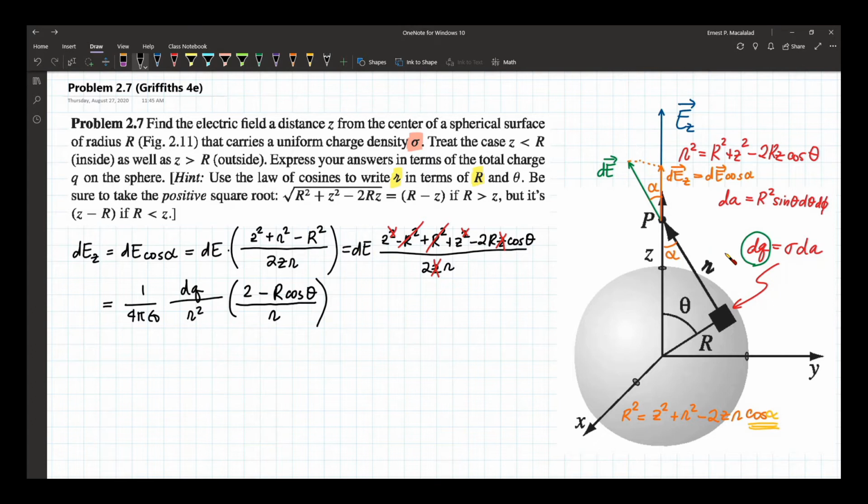But what is dq? dq is sigma dA. So we can rewrite this as sigma dA. Now, we can now do the integration.